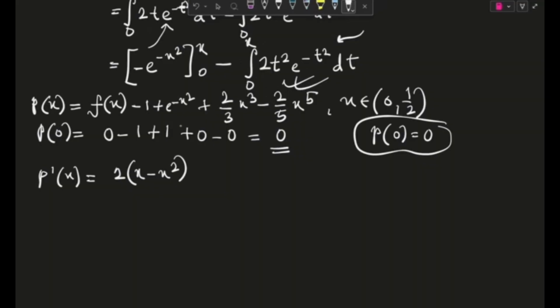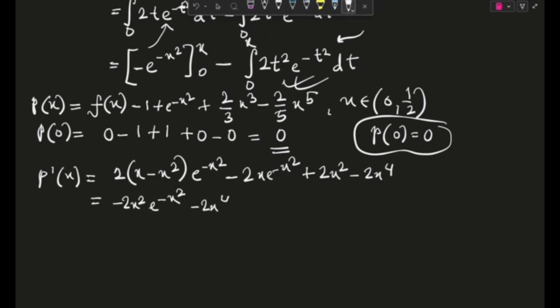We are differentiating this. And also e power minus x square here, and minus 2x e power minus x square plus 2x square and minus 2x power 4. If you simplify this a bit, this will come out to be minus 2x square e power minus x square, and a minus 2x power 4 plus 2x square.